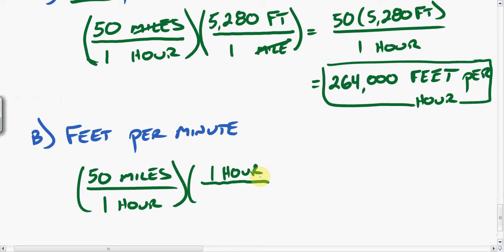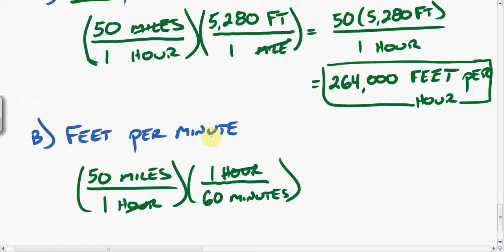So I've got 1 hour there, and I want to convert hours to what? Minutes. How many minutes are in an hour? 60. So 1 hour is the same thing as 60 minutes. So I've got an hour in the numerator and the denominator. That canceled. Hours are now canceled. I'm left with minutes. Halfway there.